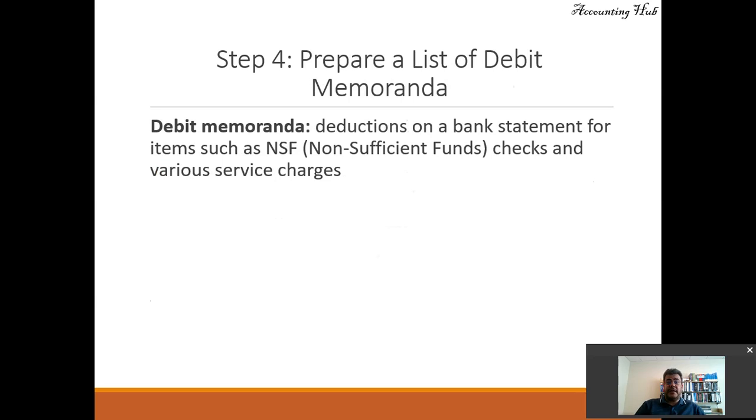Debit memoranda, deductions on a bank statement such as NSF, non-sufficient funds, checks, and various service charges. For instance, I got a check from a customer. When I presented it, the bank told me they cannot process it because the client has no funds. So we got no money.